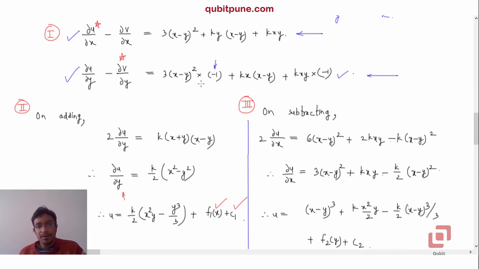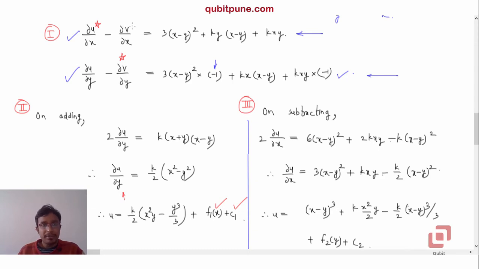Now I'm going to subtract. Now if we subtract, what is going to happen is it's partial u by partial x minus partial u by partial y plus partial v by partial y. So the two partial derivatives which got cancelled will now get added, and the ones which got added due to addition will now get cancelled.